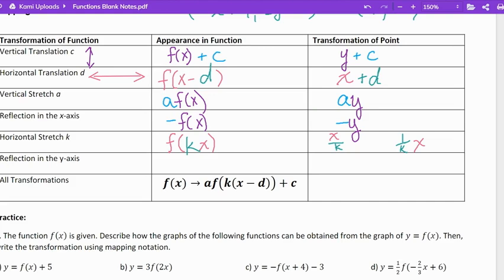So what that means is we've got f, and because it's the x that is changing, you put a negative in front of the x. And you don't have to divide x by a negative, because x divided by -1 is just negative x, right?